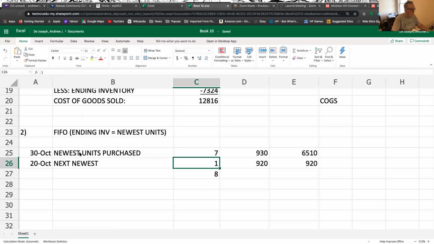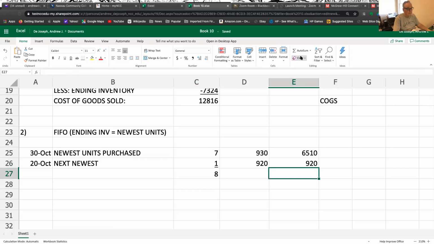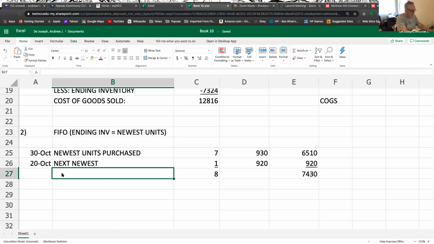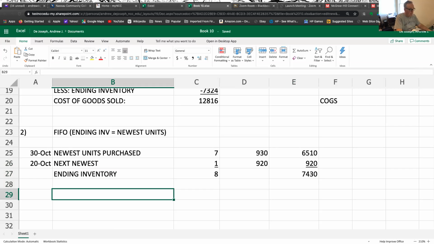So those 8 units cost me $7,430. Right? So this is ending inventory under first in, first out. What about cost of goods sold?